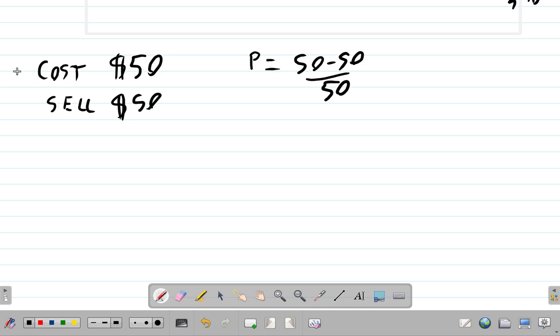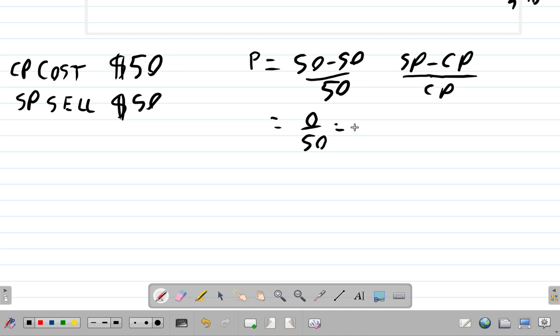This would be the selling price minus cost price, because you would sell it for more, so you expect the selling price to be a bigger amount, divided by cost price. This profit would be 0 over 50, which is 0%. That would be a break even. You did not make any money. You did not lose any money either. You did not suffer any losses.